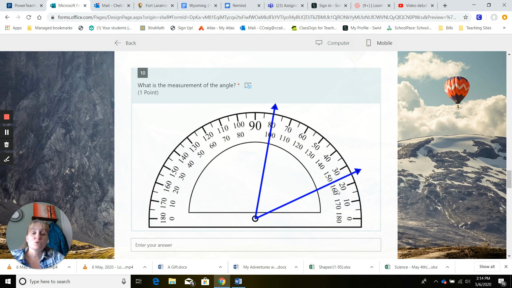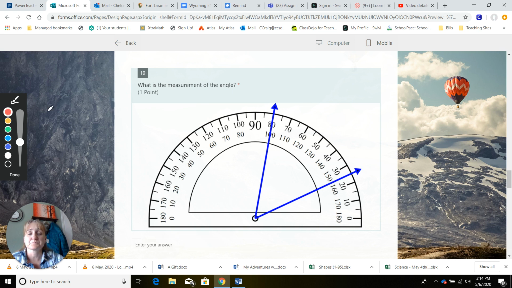So first I'm going to ignore this arrow right here, and I'm going to go to the one closest to the 90, and I realize that that one is right at 80 degrees. So on your paper, just write down 80 somewhere.